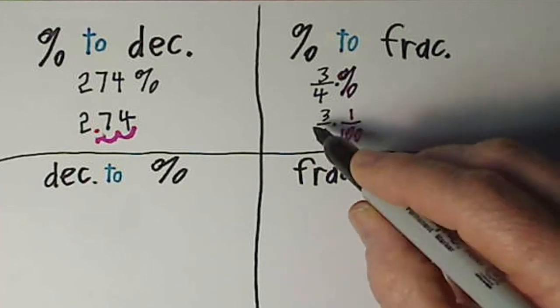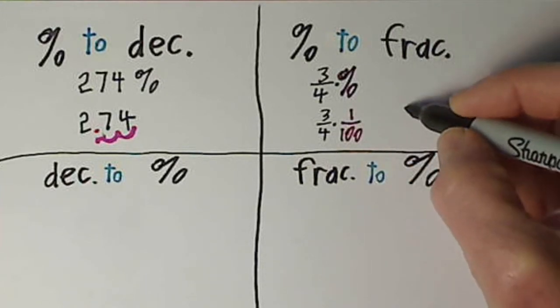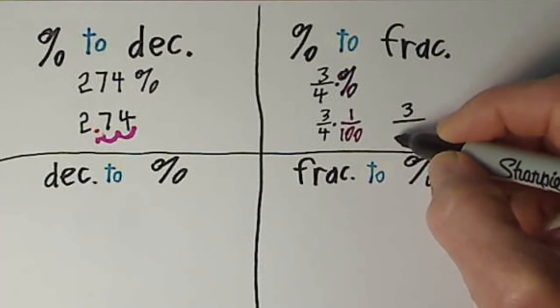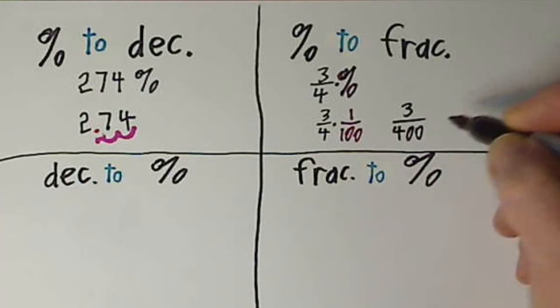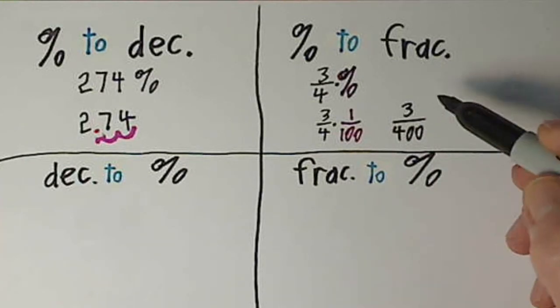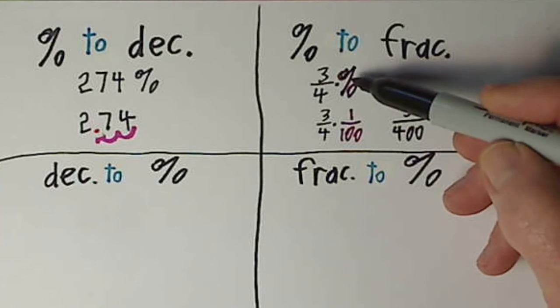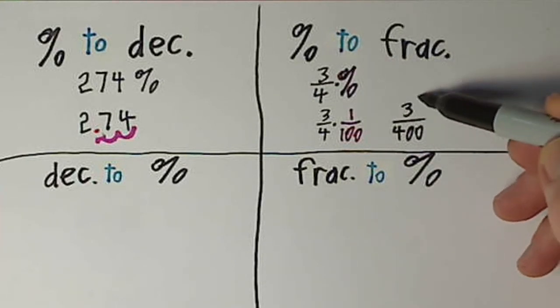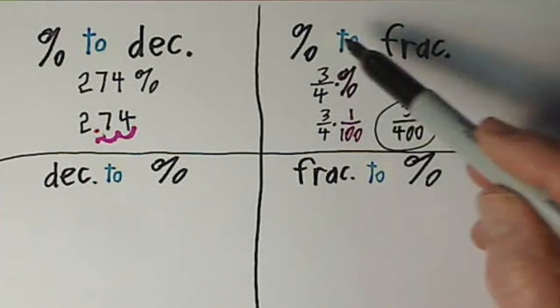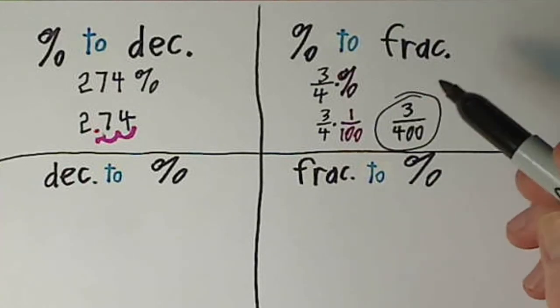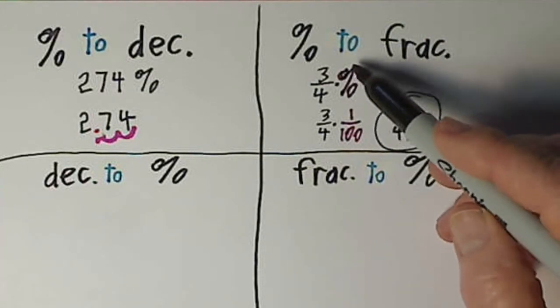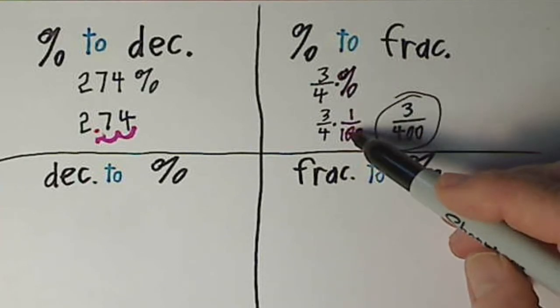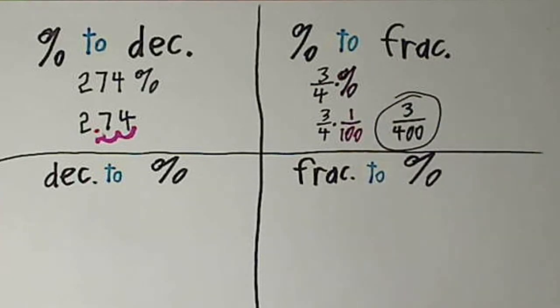All right, so when we multiply, you get 3/400ths. So 3/4% is 3/400ths. All right. So to change from percent to fraction, you're usually just going to turn this into a fraction and multiply.